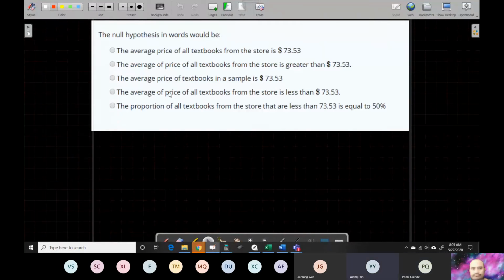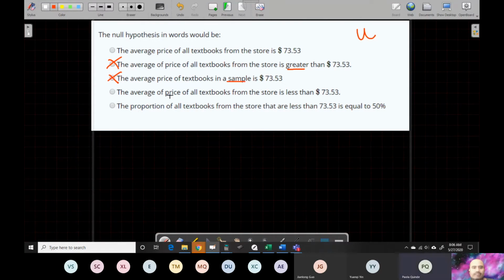The first one. Well, definitely we're not using the word greater, so that's not good. The average price of textbooks in a sample. This is not a sample, because if you're using mu, this is not a sample, right? So that's not okay because they're using the word sample.